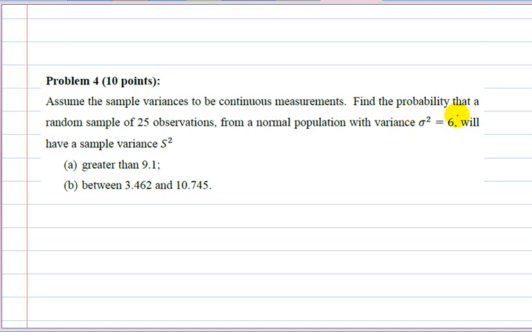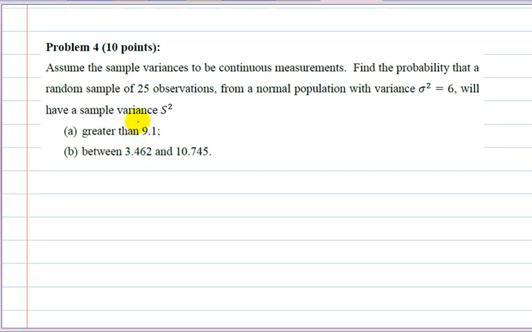Find the probability that a random sample of 25 observations from a normal population with this variance will have a sample variance s squared greater than this, or less than that. So now we're talking about the distribution of the sample variance s squared. The first question is, what is the probability of s squared greater than 9.1?